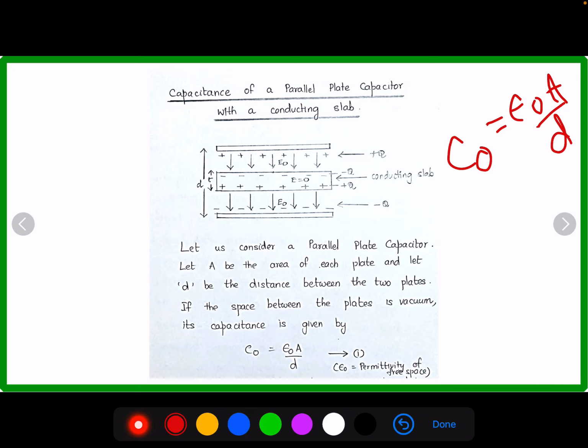You all know epsilon naught is the permittivity of free space.